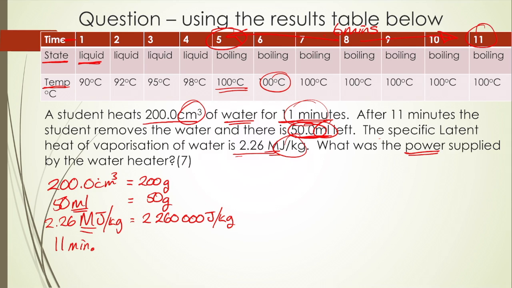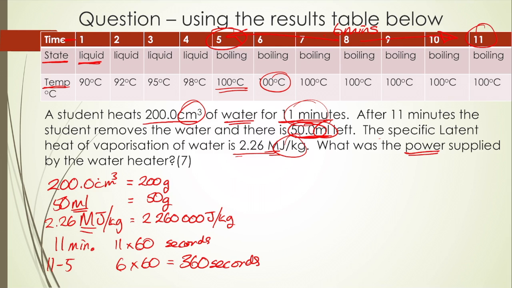And 11 minutes, so that would be 11 times 60 for seconds. I'm not going to finish it off because we don't need that. We need 11 minus 5, which gives us 6 times 60 seconds that it's boiling, and that will give us 360 seconds.